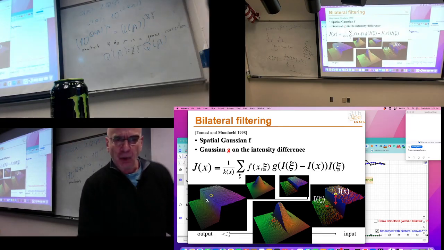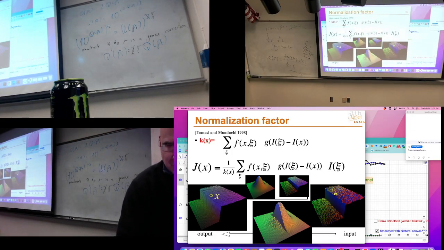And again, when it works, and of course, you can get a lot of images where it would not work. K of x, a lot of letters. That's why I wanted to prepare you in stages. K of x is: look at all the xc that are around x.